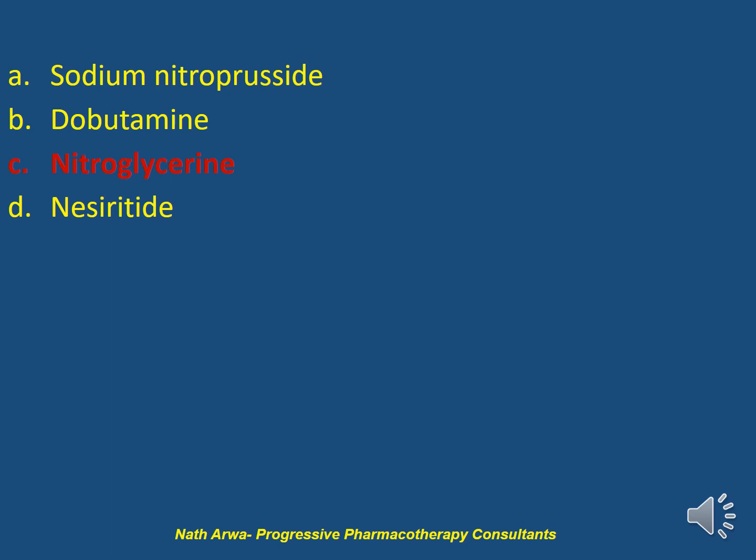So, after factoring all those and bearing in mind that guidelines have also stated that intermittent IV positive inotropic therapy has no proven value in patients, especially in stage C of heart failure, I would shy away from dobutamine. So that leaves me with nitroglycerin as a good choice.